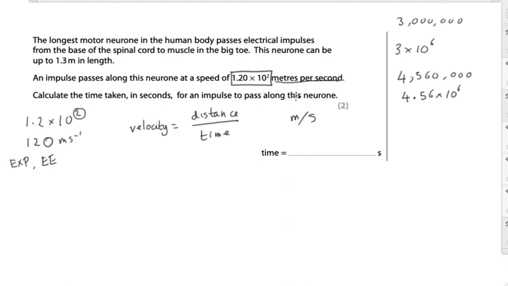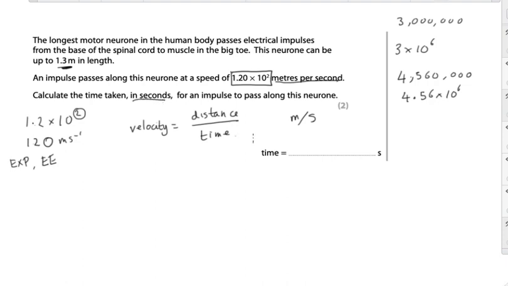And with these questions, always pay attention to the units. So here it is in meters per second, and you're given the length in meters. The units have to be the same. If this was in millimeters or in kilometers or in any other unit, you need to put the length, the distance, into meters so that it works. Same goes for time.